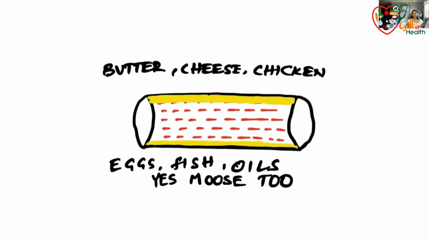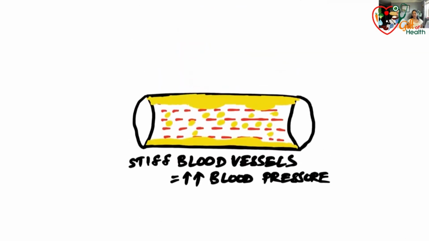It's the food. The more butter, chicken, cheese, eggs, turkey, beef, pork, oils, even moose, the more of these foods that we eat, there is more fat deposition on the blood vessel wall, and also more fat within the blood itself.